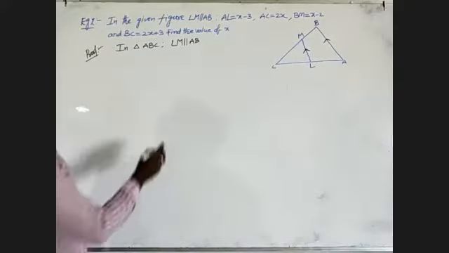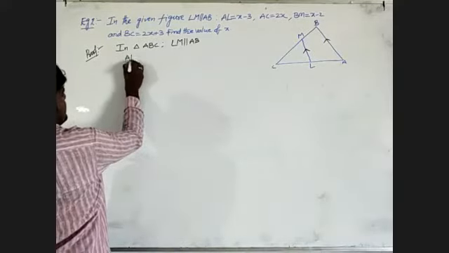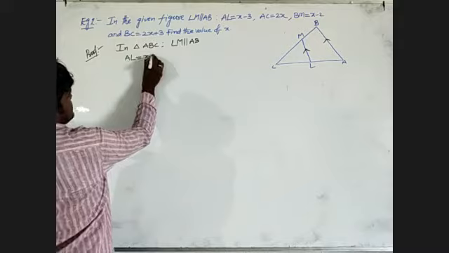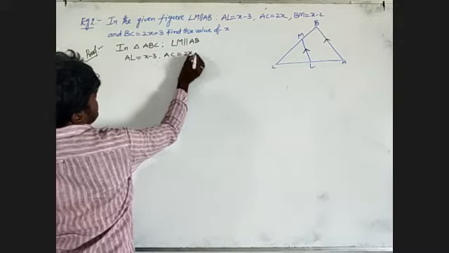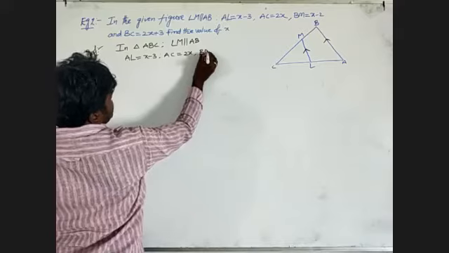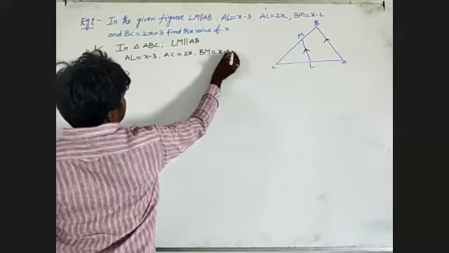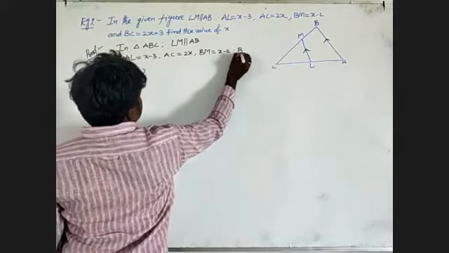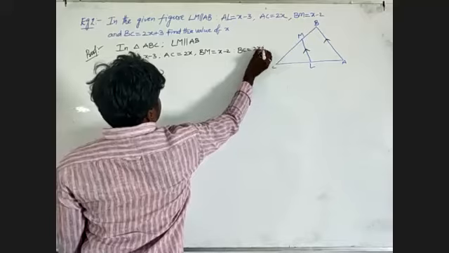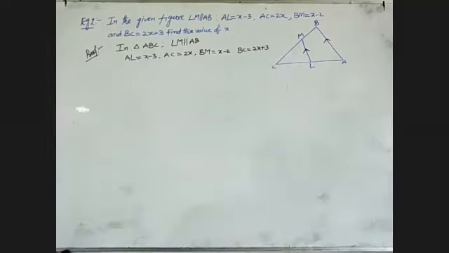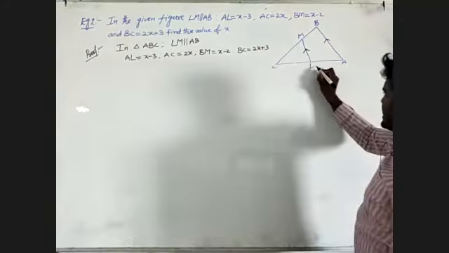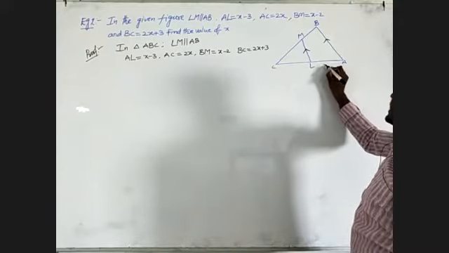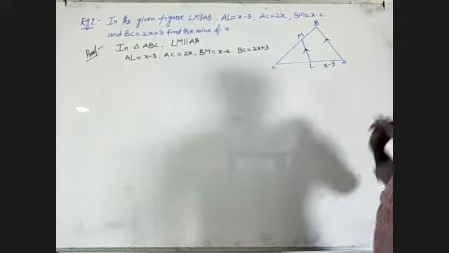And also some values are given, where AL is x minus 3. After that, AC is equal to 2x. After that, BM is equal to x minus 2. Finally, BC is equal to 2x plus 3. We have to substitute these values in the above figure. Here, the distance between A and L must be x minus 3.